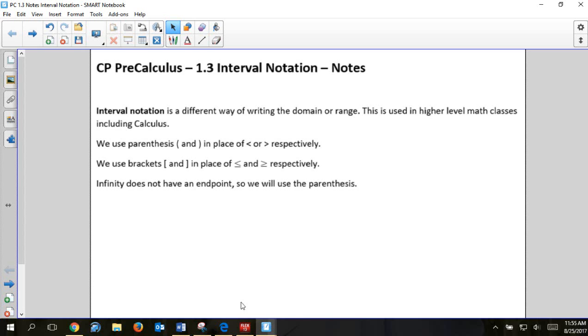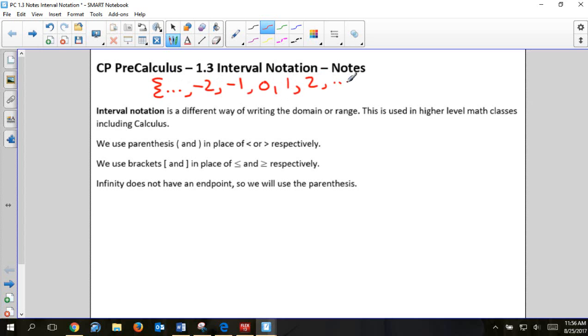An example where we couldn't use interval notation would be if the domain was just integers or if the range was just integers. You can't really say that it goes from this number through that number because it doesn't.